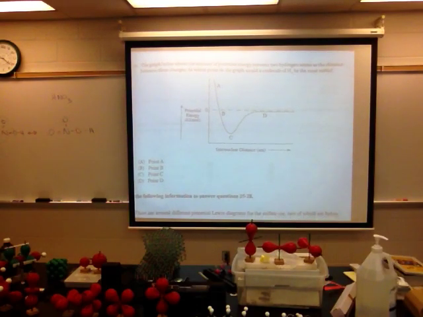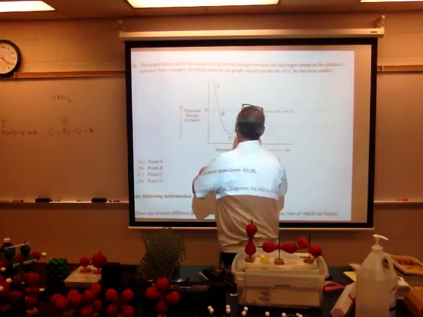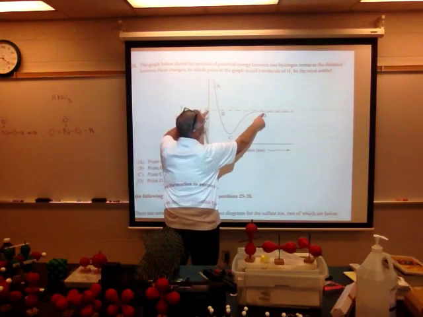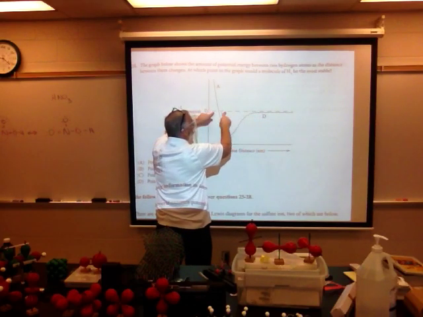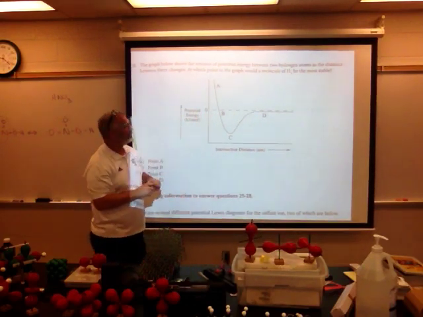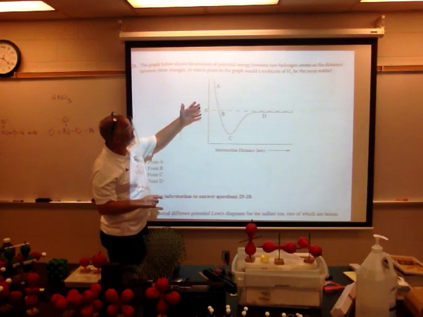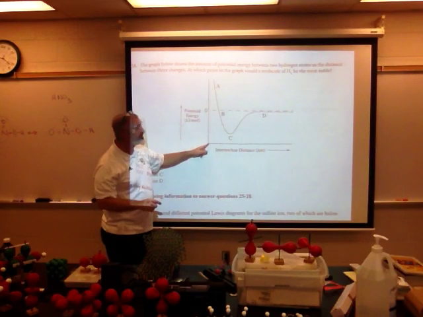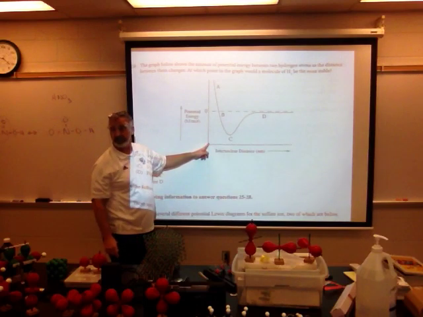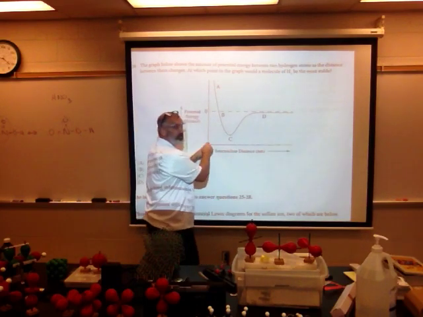This is a potential energy diagram for atoms approaching one another. So you assume, and this is two hydrogen atoms, so you assume hydrogen atom nucleus is right here. Hydrogen, that's hydrogen atom 1.